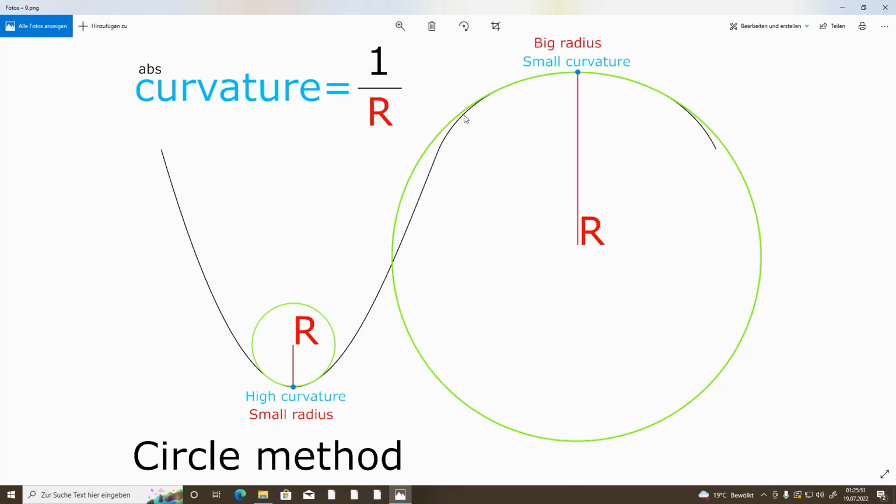And then we have a less sharp arc, and we have a big radius. And 1 divided by something big is small, so we have small curvature. Very interesting. And yeah, it fulfills the normal things it must fulfill, and for some cases it's helpful.